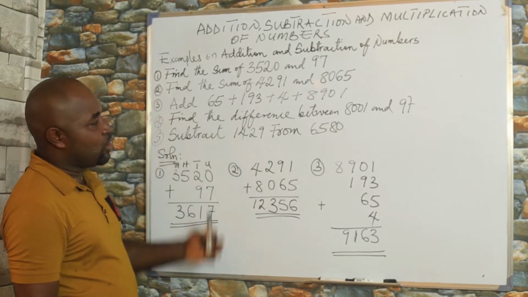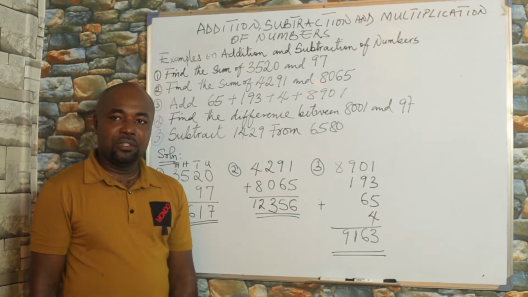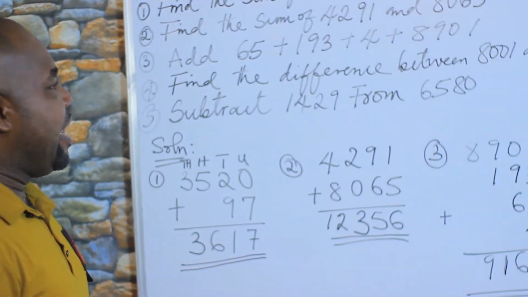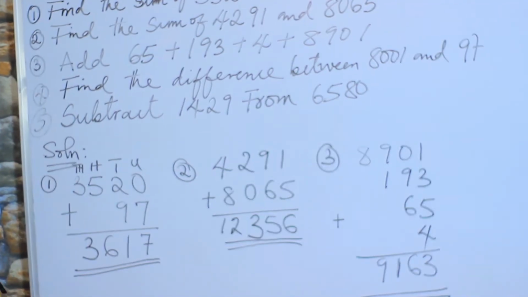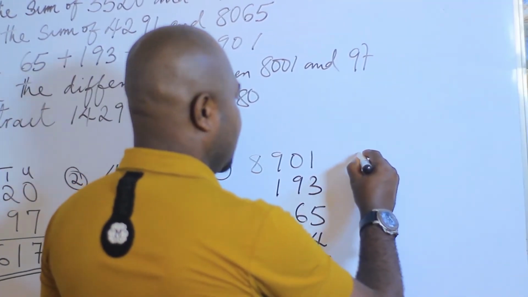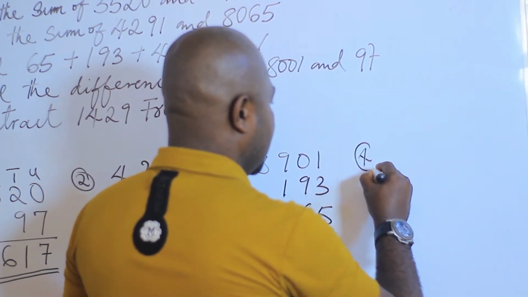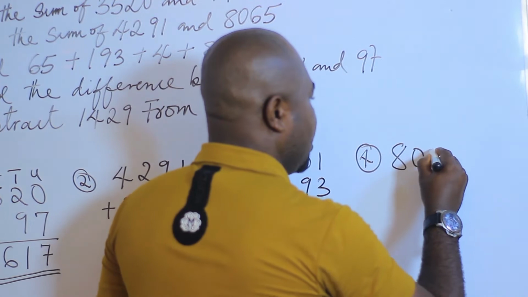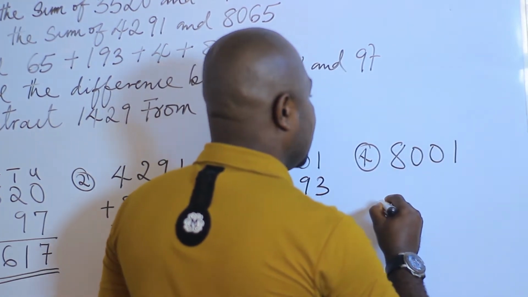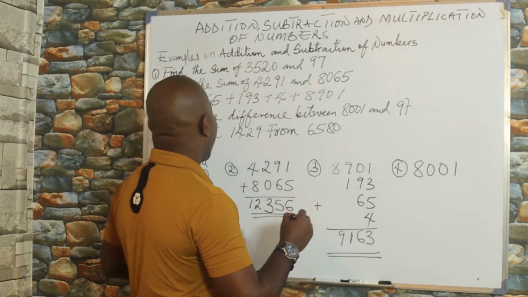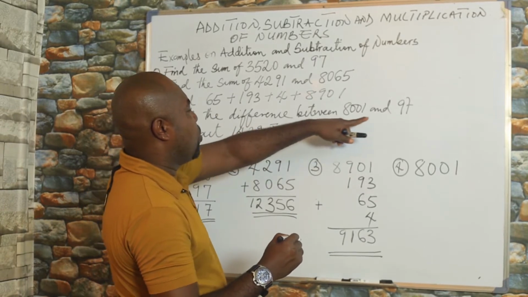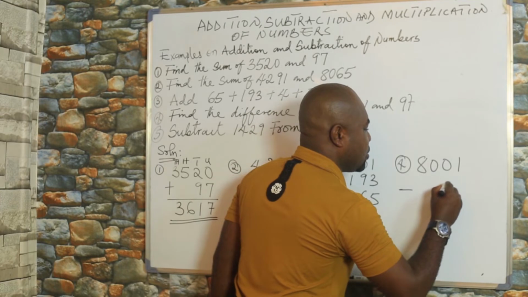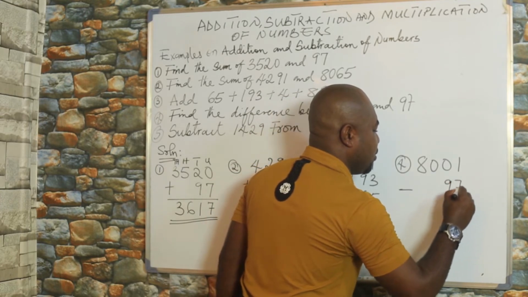Find the difference. So this one has to do with subtraction. Number 4. Find the difference between 8001 and 97. 8001 minus 97.